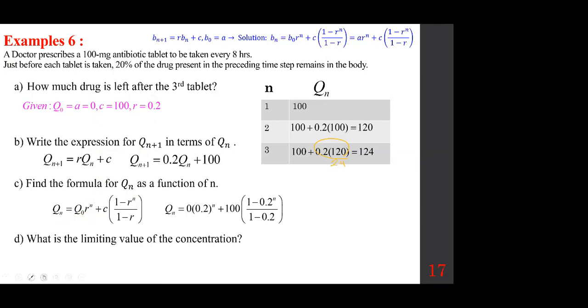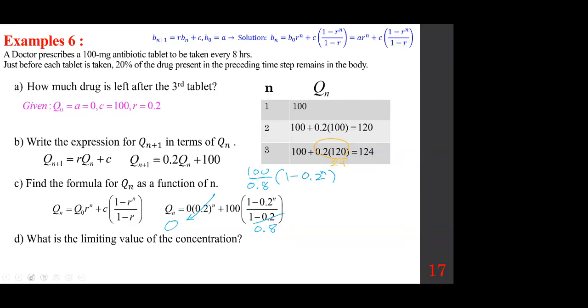And we're going to repeat the same process. We're going to change this to 0.8. And this goes to 0 because 0 times 0.2 to the power of n is 0. So this becomes 100 divided by 0.8 times 1 minus 0.2 to the power of n.